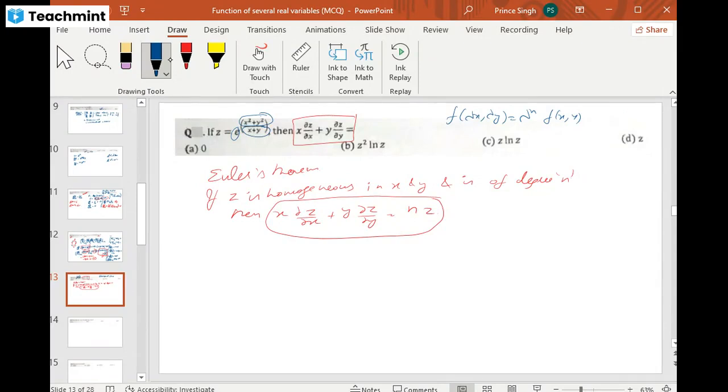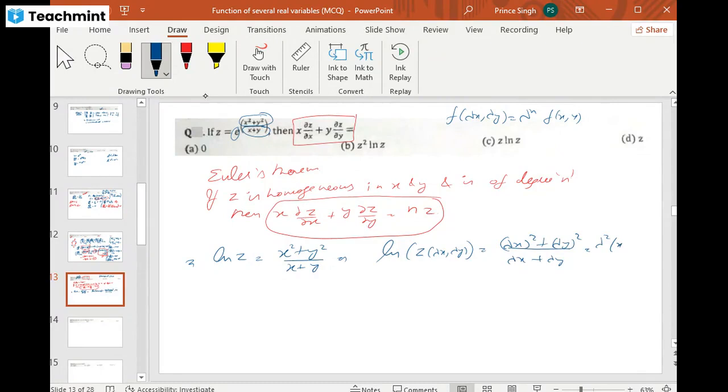So your function is not directly homogeneous, but if we take log, that is log of z, this is x square plus y square upon x plus y. Now this function is homogeneous. If I replace x with lambda x and y with lambda y, this is lambda square times x square plus y square upon lambda times x plus y.